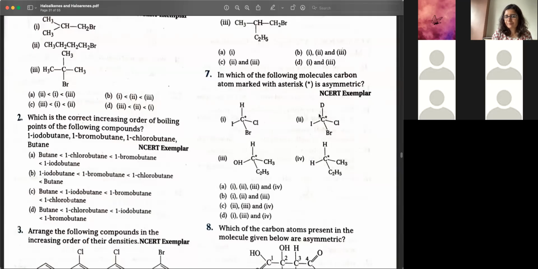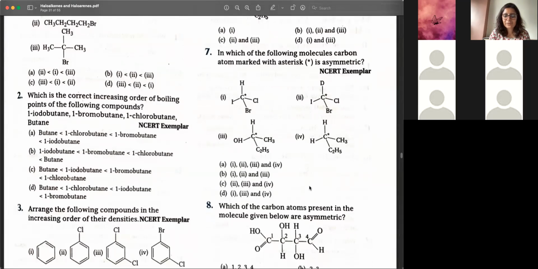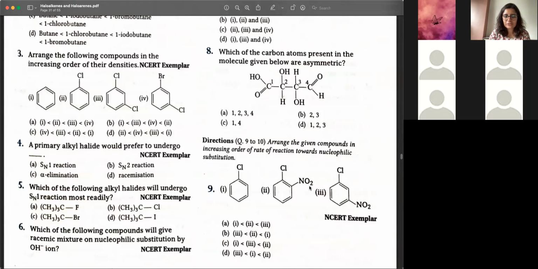Option 2, D, I, Br, Cl: all 4 different. Option 3, H, OH, methyl, ethyl: again, all 4 different. And option 4, we already have H and H, so this is not asymmetrical. So 1, 2, 3, B would be the correct answer. Yeah, 8 is also the same thing.